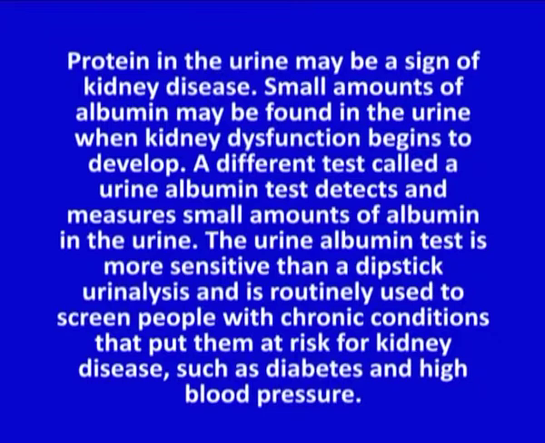A different test called a urine albumin test detects and measures small amounts of albumin in the urine. The urine albumin test is more sensitive than a dipstick urinalysis and is routinely used to screen people with chronic conditions that put them at risk for kidney disease, such as diabetes and high blood pressure.